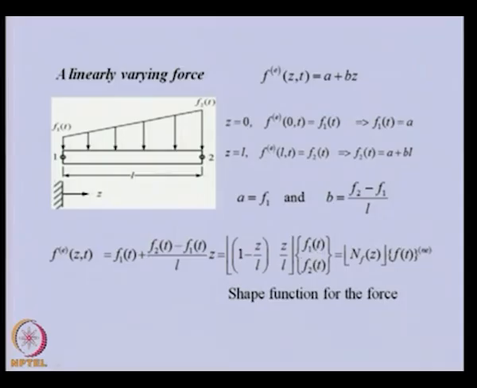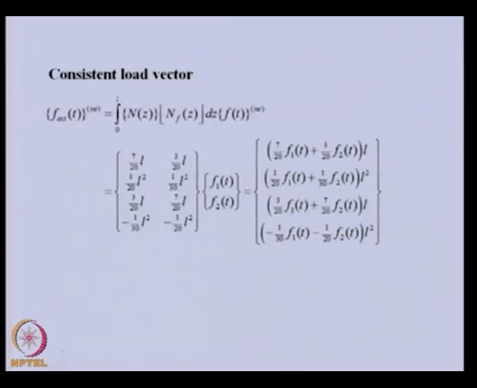So, you will see that basically we obtain a shape function for the force. These are for node 1 and 2, and this is the shape function for force, which can now be used for calculation of the consistent load vector. So now, instead of force, we have kept this shape function into this. Not only the shape function of the element is there, but the shape function of the force is also coming. This is coming out because of this time dependent term.